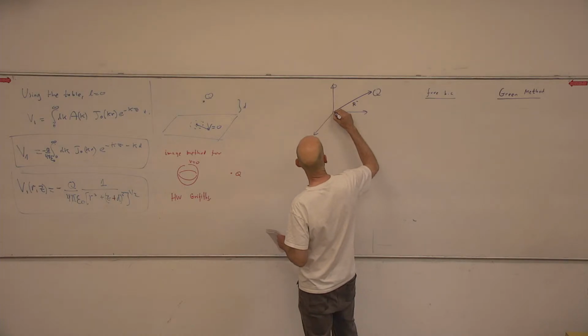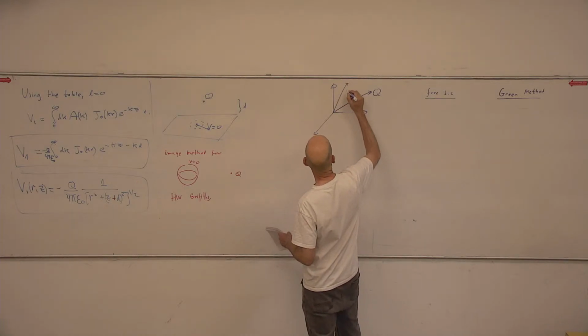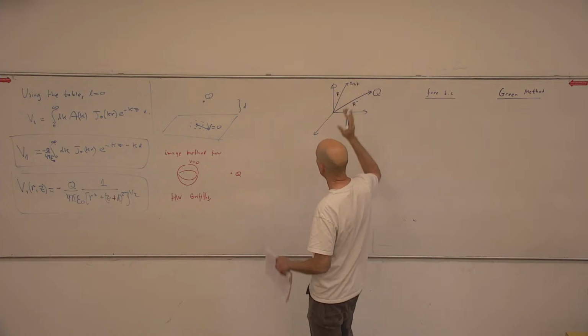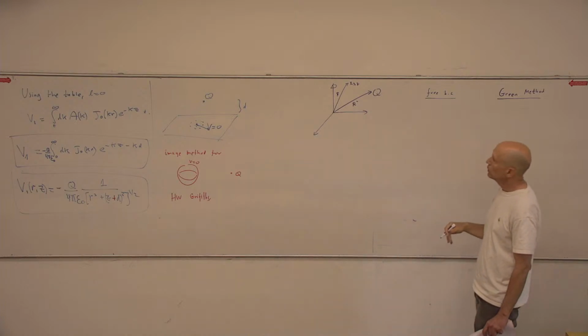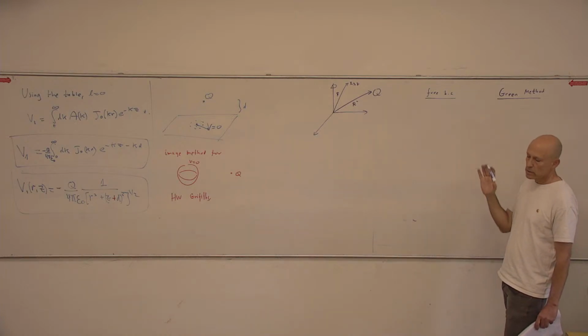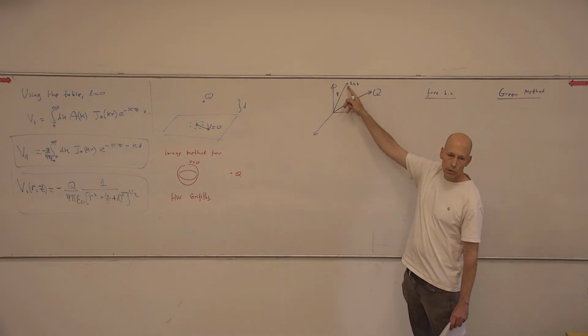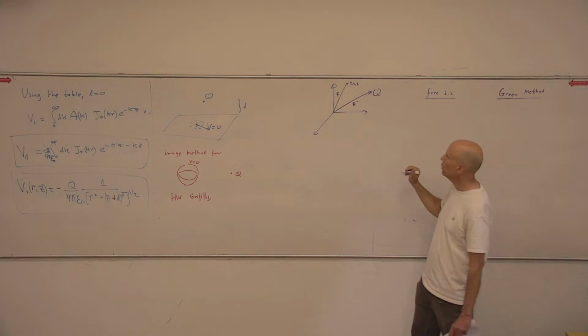Then I have some point in space, which is going to be at R, X, Y, Z. This is just a point in space where I want to know the potential of this Q, and it's simple because it's free boundary condition, so we know what the potential is here. It's just Coulomb's law, nothing more.